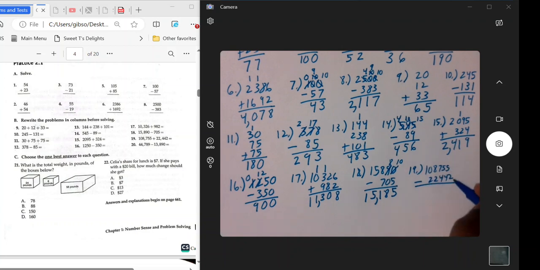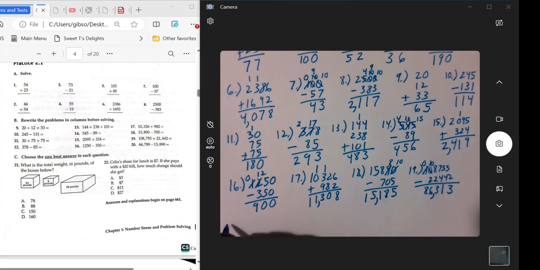So we have these numbers aligned. 5 minus 2 is 3. 5 minus 4 is 1. 7 minus 4 is 3. 8 minus 2 is 6. Now we cannot subtract 2 from 0, so we borrow 1 from this 1, which will make it 0, and the 0 becomes 10. 10 minus 2 is 8, and 0 minus 0 is 0. So it's 86,313.